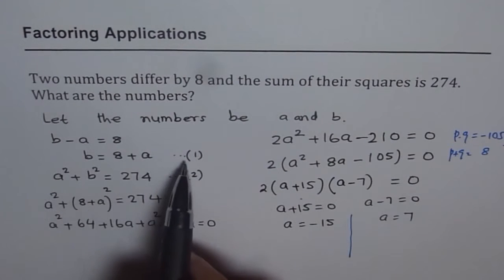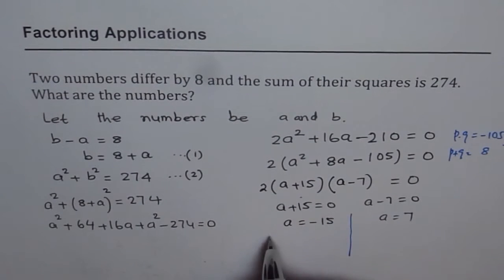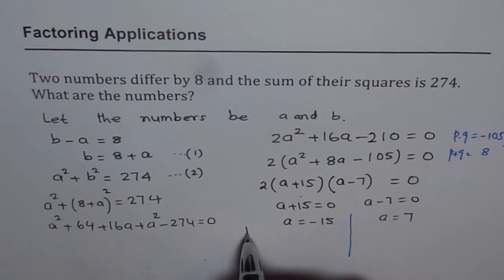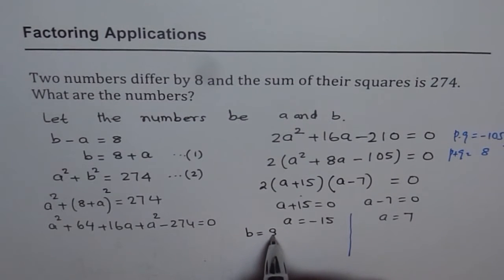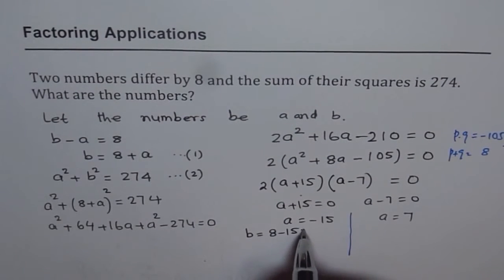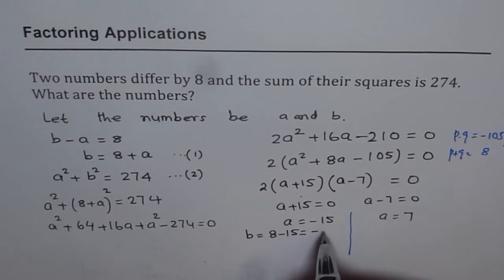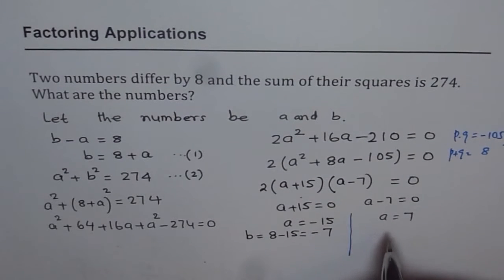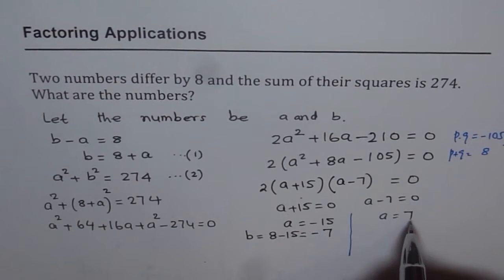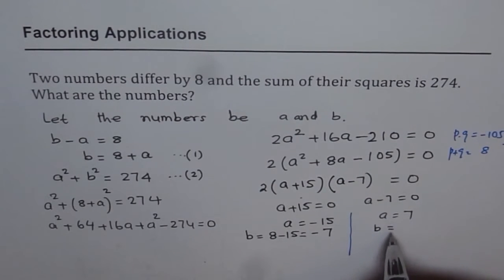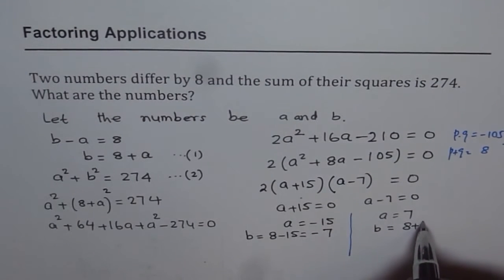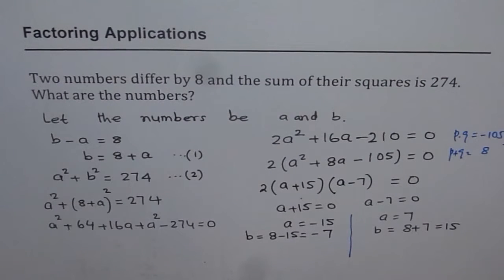So let's go back to equation number 1 and we can write if A is minus 15, then B equals 8 minus 15, right, which gives us minus 7. And if A is plus 7, in that case we get B equals 8 plus 7, which equals 15, right? So we get two different sets of answers.